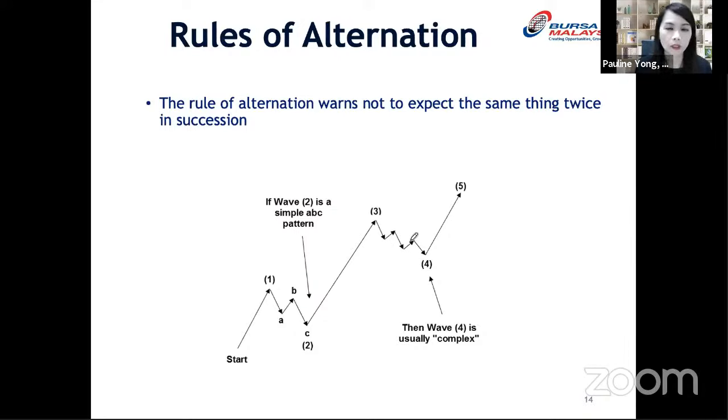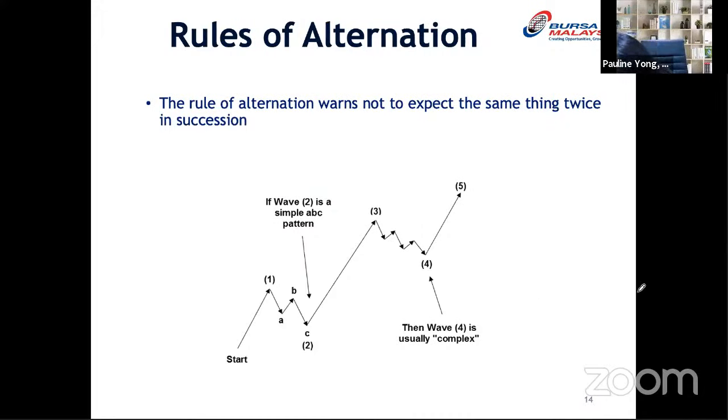So what this rule wants to show is that the stock market is random. You can't assume that it always appears the same. But anyway, we should be looking at wave number 2 and wave number 4 appearing differently. Even a slight difference is fine.